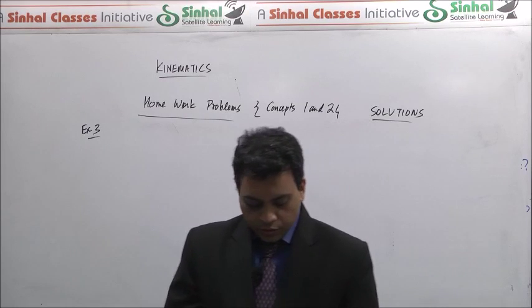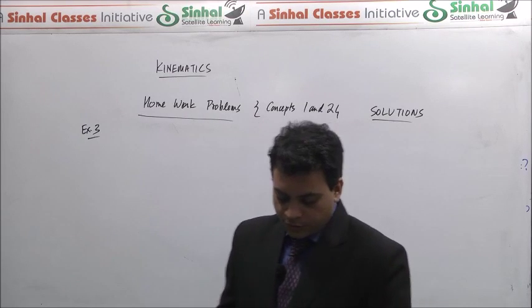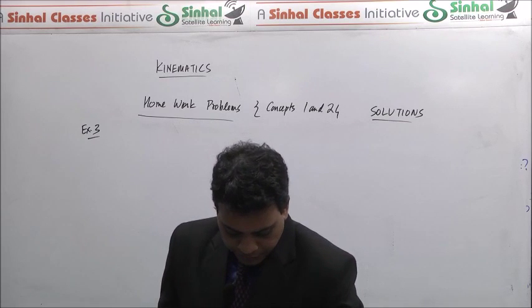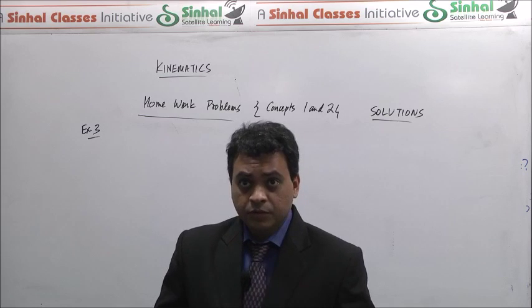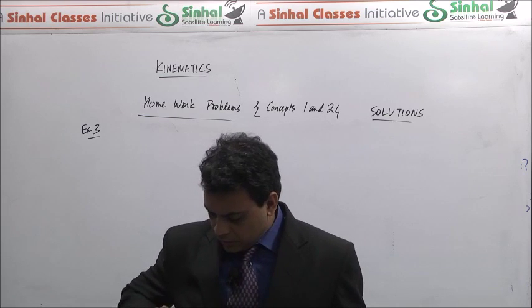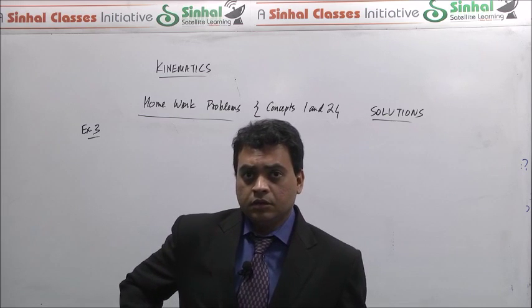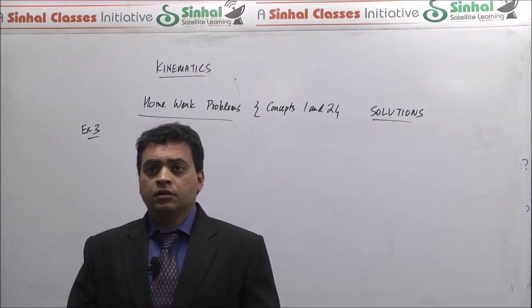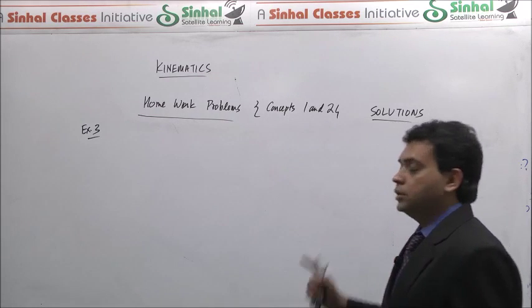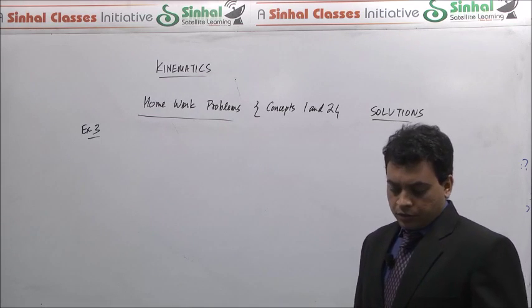Okay, so we'll be starting with the solutions for level 3 exercise now, and starting with the 5th problem. It says a car starting from rest. Welcome back. So we will be starting with the solutions of exercise 3 now.